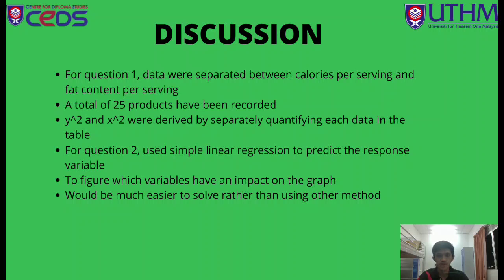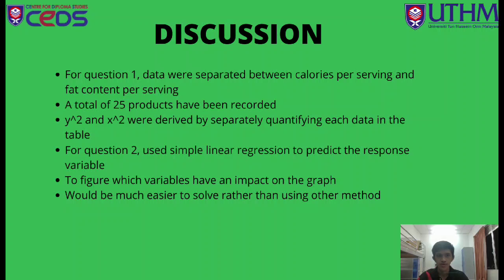The data from y power of 2 and x power of 2 were derived by separately quantifying each data in the table. As a result, the data for Sxy is obtained by multiplying the data from the x table and y table in the appropriate order. For question 2, we use simple linear regression to predict the response variable.